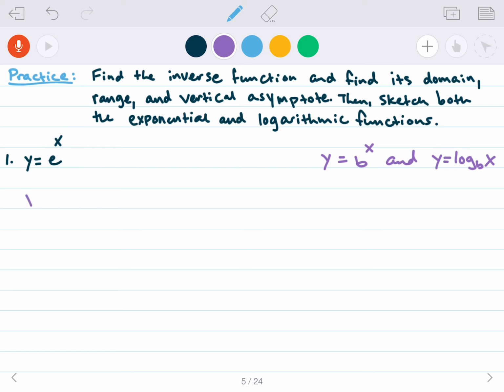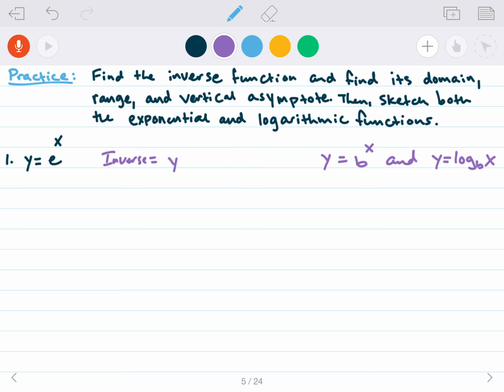And so that means the inverse function is going to be y equals log base e of x, which we know log base e is the same thing as ln of x, right? So that's our inverse function, y equals ln of x.